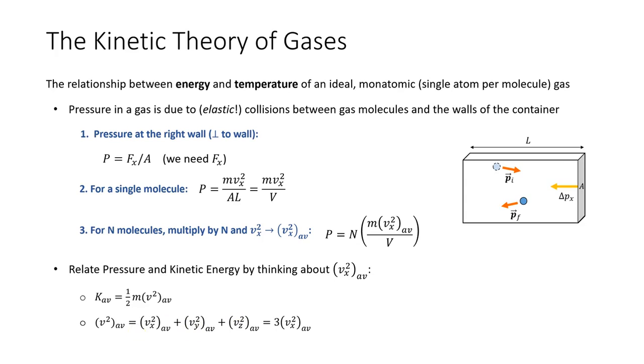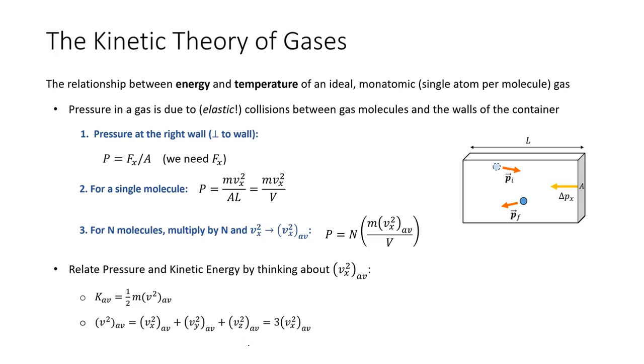Really, they're all going to be traveling at about the same speed in all 3 directions. So there's no reason that that wouldn't be the case. And so then we can say that the average value of the speed squared is approximately equal to 3 times the average value of the x component of the speed squared.